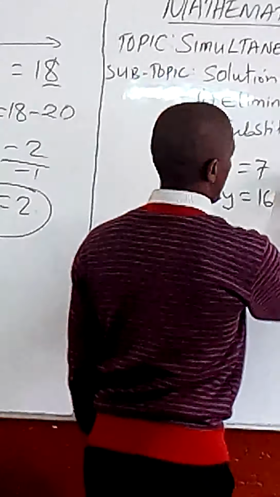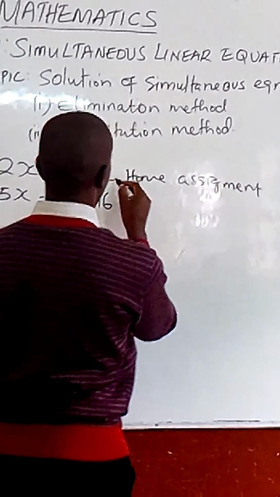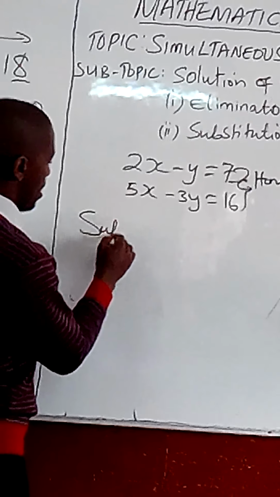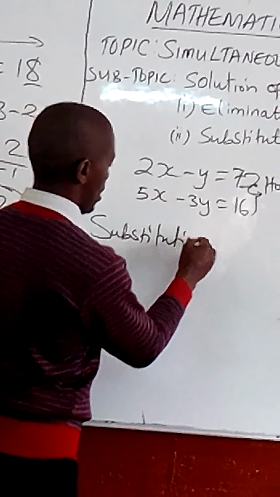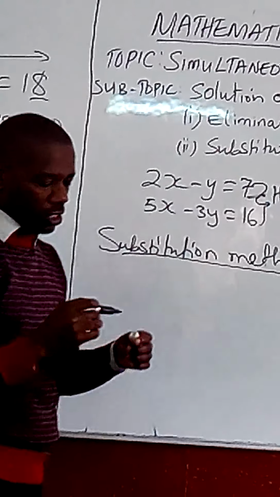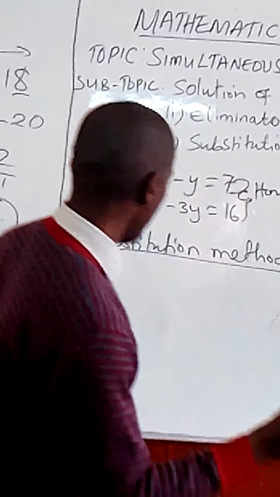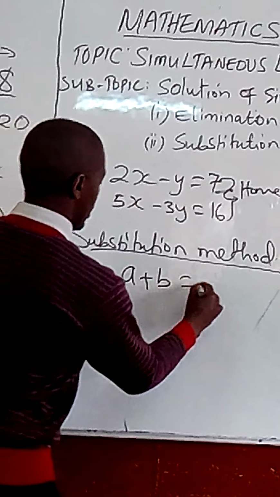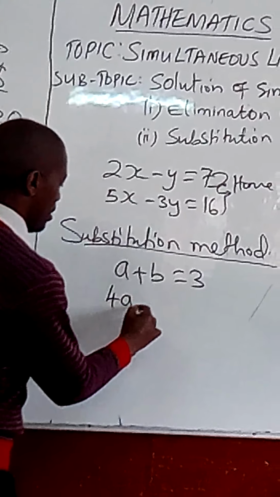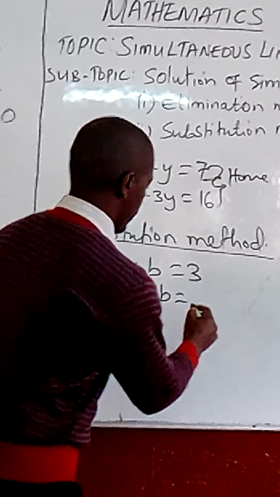For the substitution method, we pick an example. a plus b is 3. 4a minus 3b is 5.